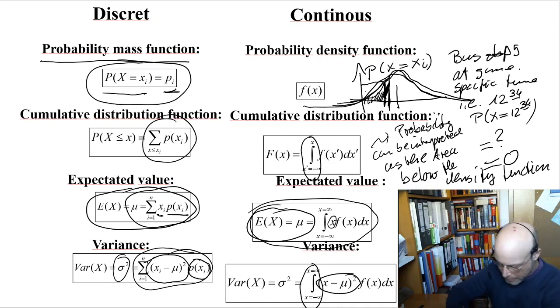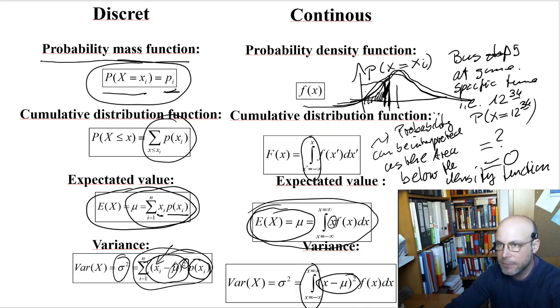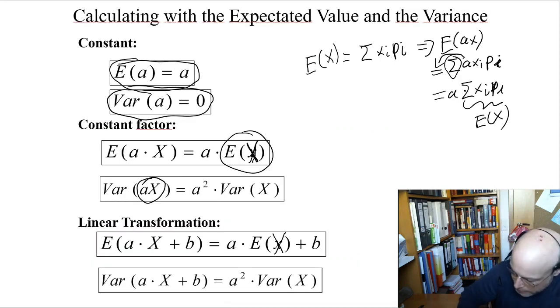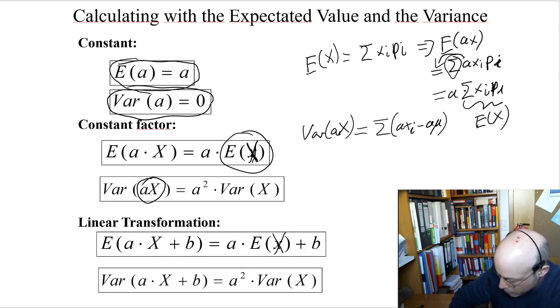And if we look this up within here, then of course we have our xi, but we have here the square sign. We had that the expected value is just a linear transformation, so in this case we can say the variance of a times x means the sum of a xi minus a mu.